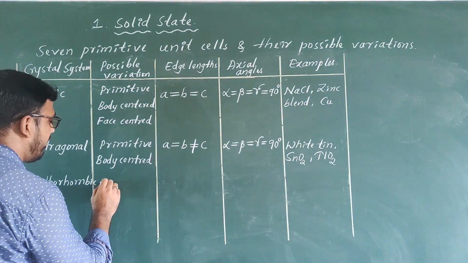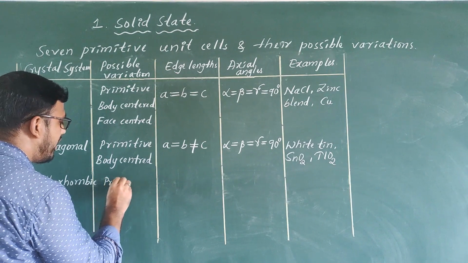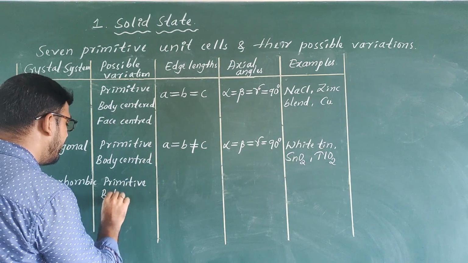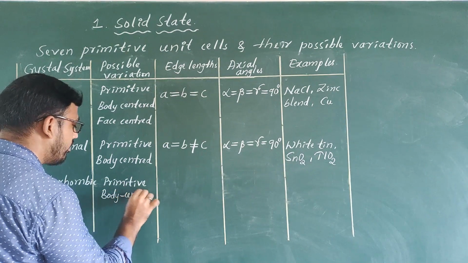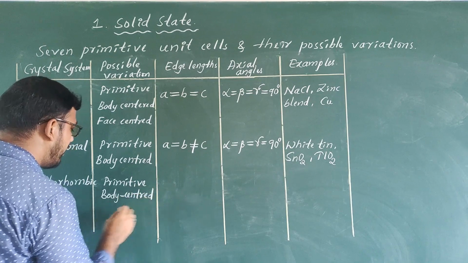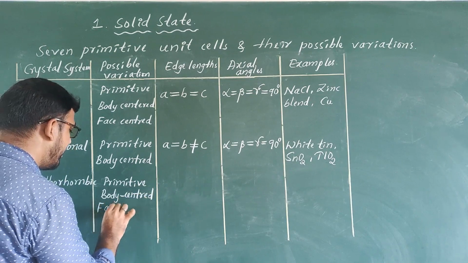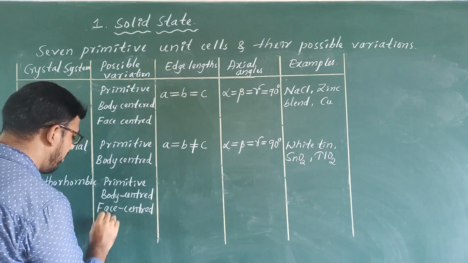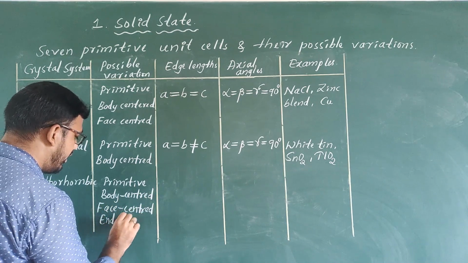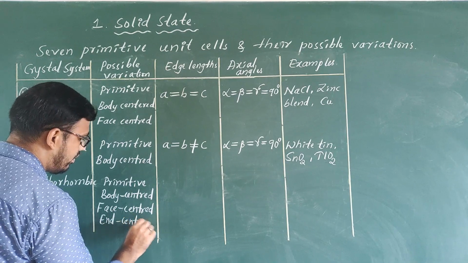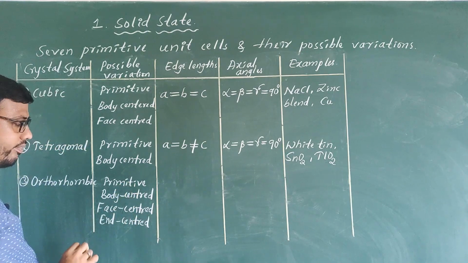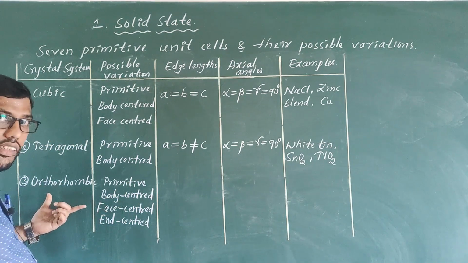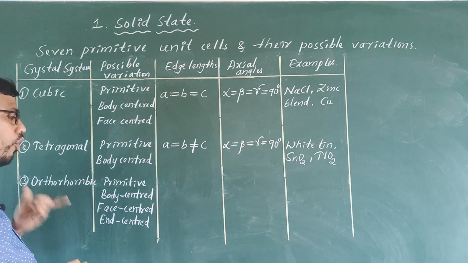There are 4 possible variations. One is primitive, second one is body centered, third one is face centered, and fourth one is end centered. So four, the maximum possible variations, are shown by the orthorhombic crystal system.